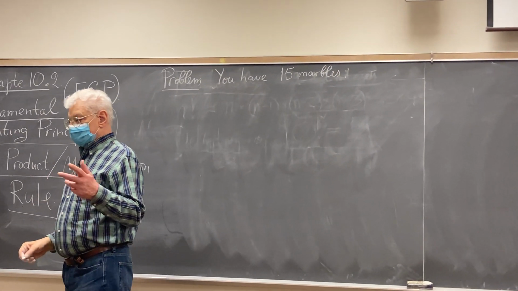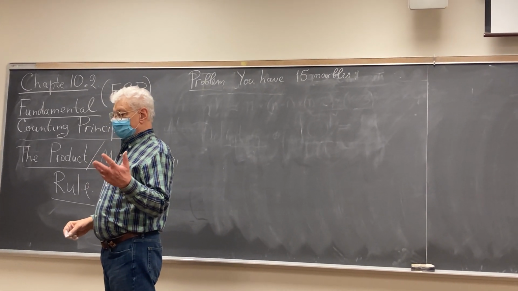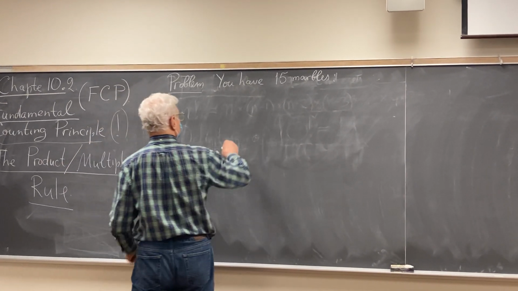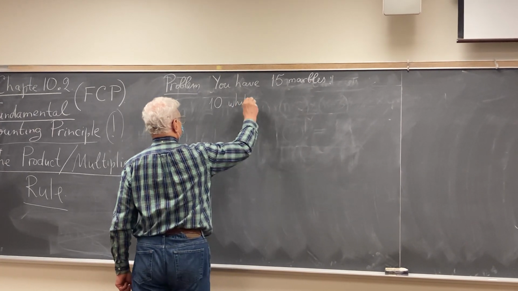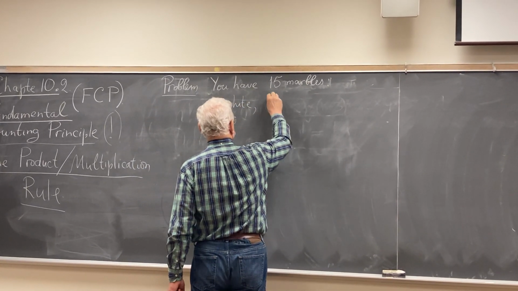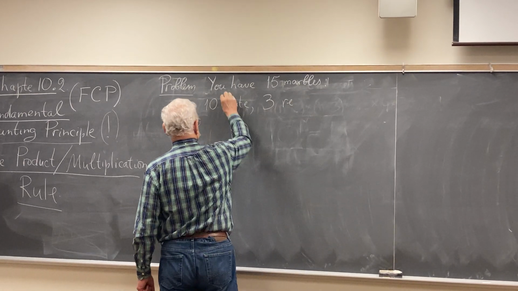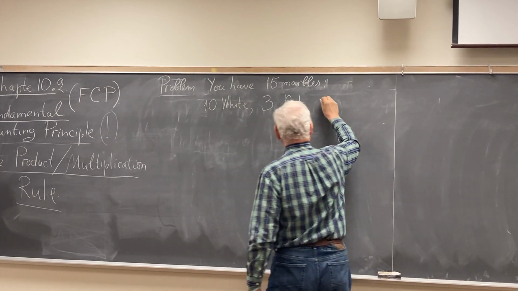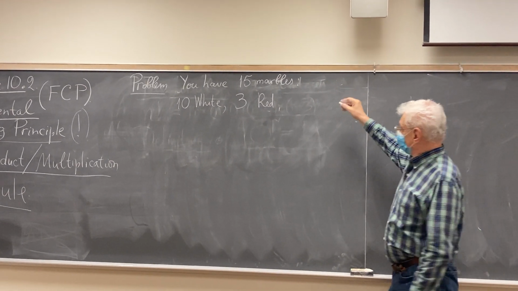10 white, 3 red. I just write W for white, 3 red, and what is left over is 2, right?